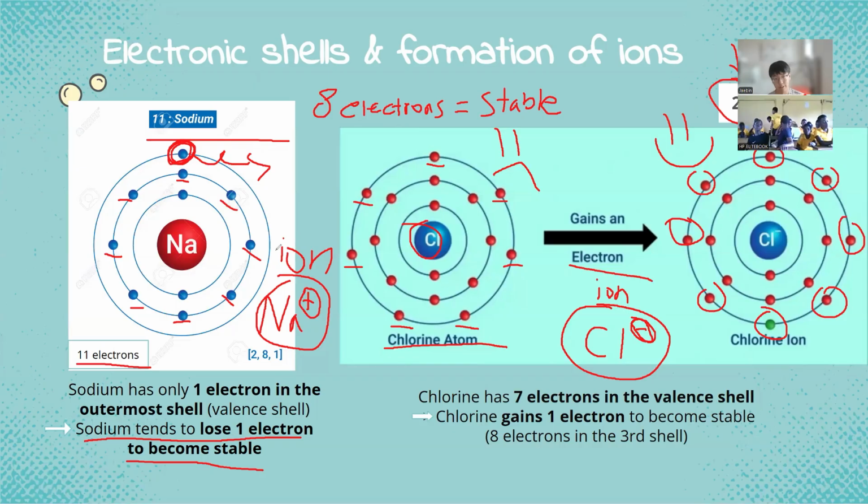See, the difference is sodium lost an electron. So that's why it has a positive charge. It has more protons than electrons. But chlorine, it gained an electron. So it has more electrons than protons. So it'll have a negative charge, right?